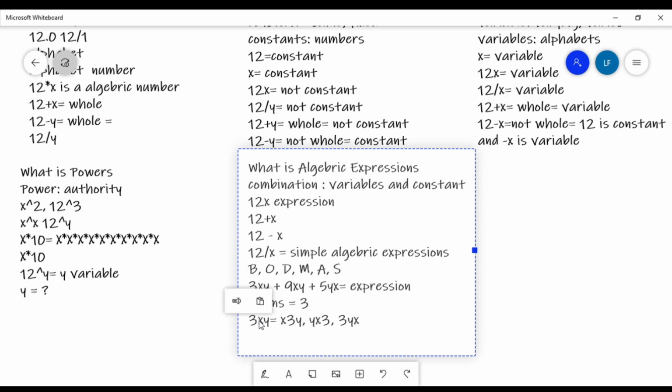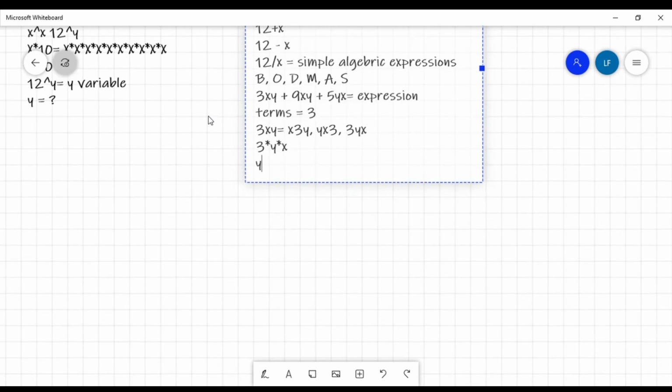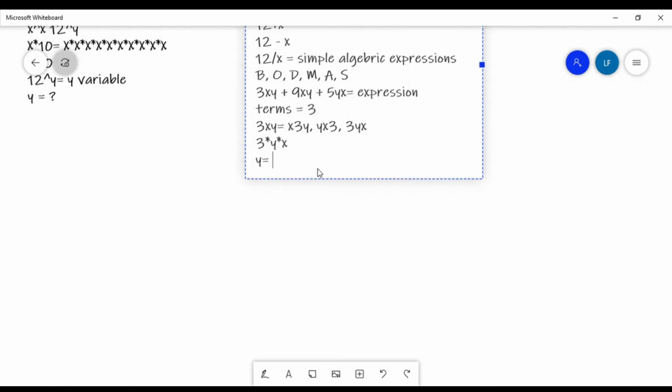It may be a little bit confusing, but if you're going to multiply 3 into y into x, and y equals 2 and x equals 1, right?